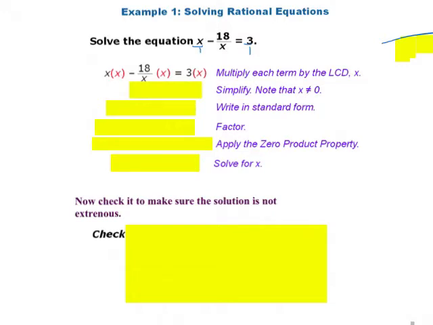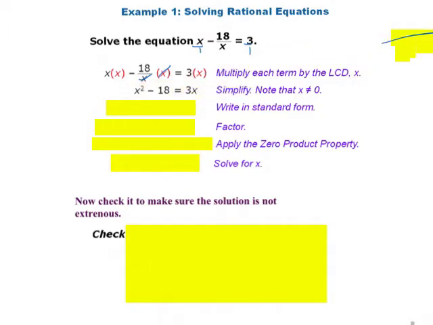Now, when we multiply it by x, notice what happens right here. x times x gives us, yes, x squared. Notice what happens here. When I take this 18 over x times this x, these two x's divide out, and I no longer have a denominator. And then over here I get 3 times x, so it looks like this.